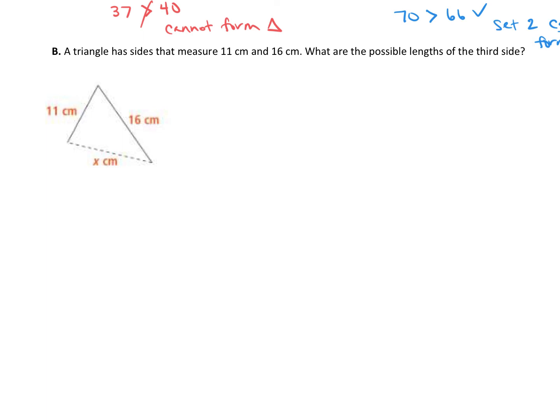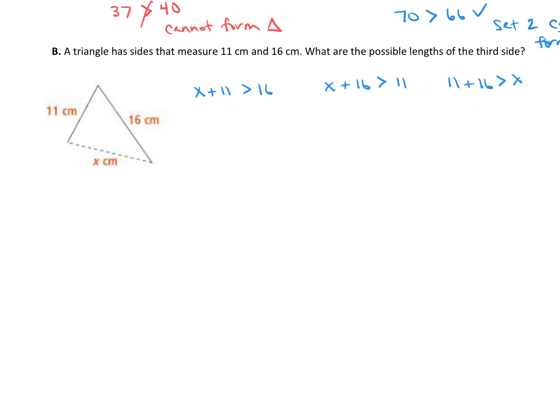So let's write that out. We know that x plus 11 needs to be greater than 16. We know that x plus 16 needs to be greater than 11. And we know that 11 plus 16 needs to be greater than side x. So all we did is look at all the combinations of adding two sides. Adding two sides has to be greater than the third.